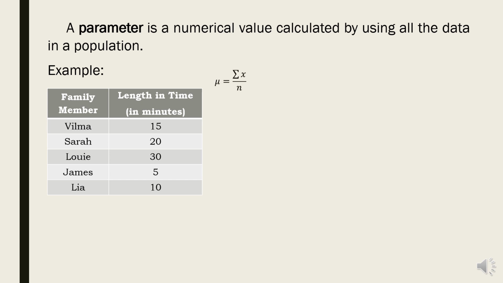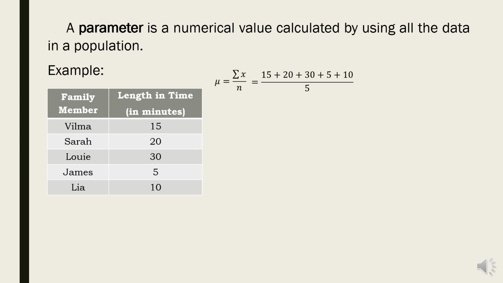So we have mu equal to the summation of x over n. We will get the summation of all the data in the given population. So we have 15 plus 20 plus 30 plus 5 plus 10 all over 5.